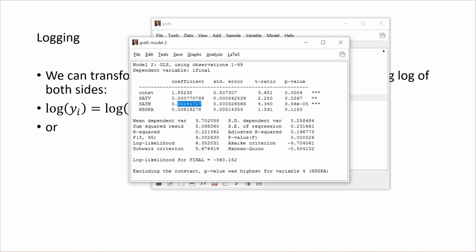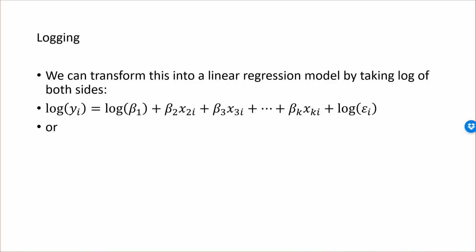Again, this model is not linear in data, although it may seem like it is, because the xi's are not with powers or anything like that. I have log y on the left-hand side, so the actual expression of y is not linear.